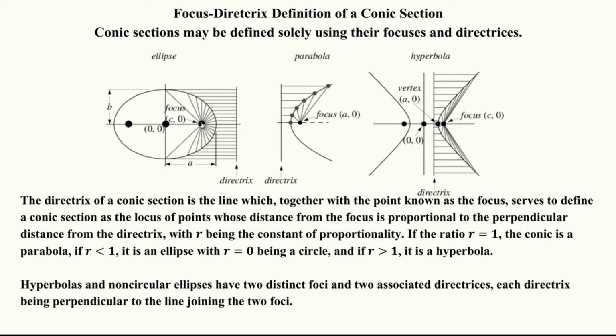And the point is that for all of these conics, the ratio of the distance here to the distance here is going to be proportional for all the points. So in other words, the ratio of this segment here to that segment is going to be the same as the ratio of this segment to that segment, etc.